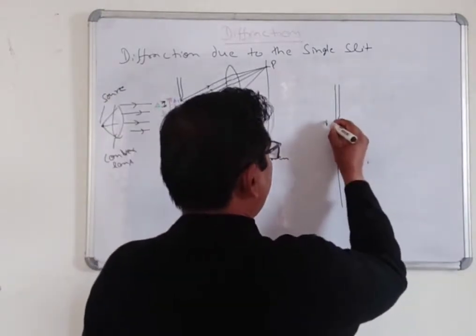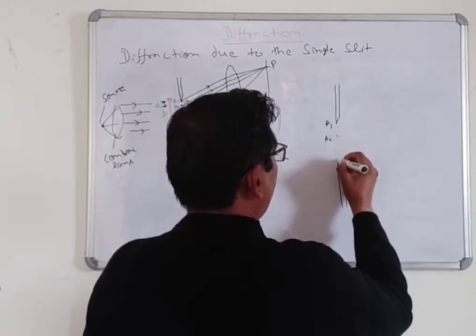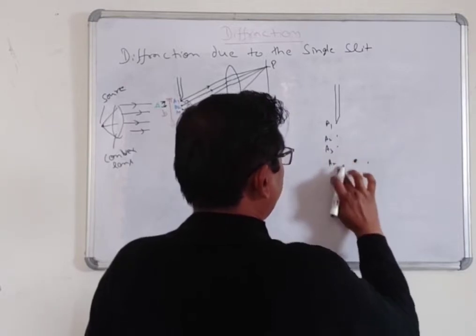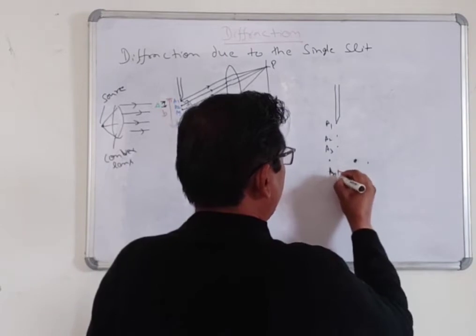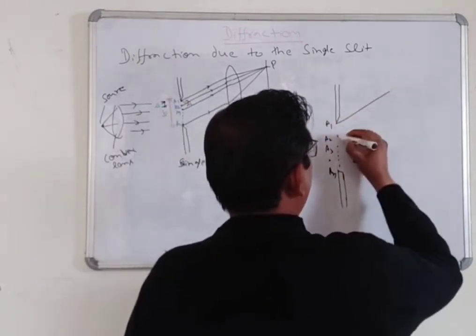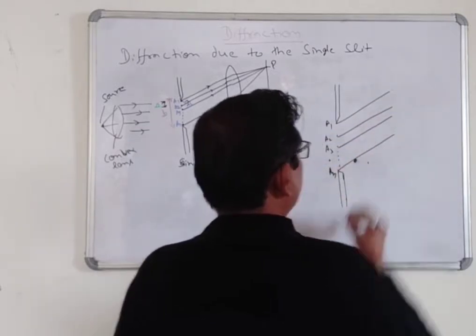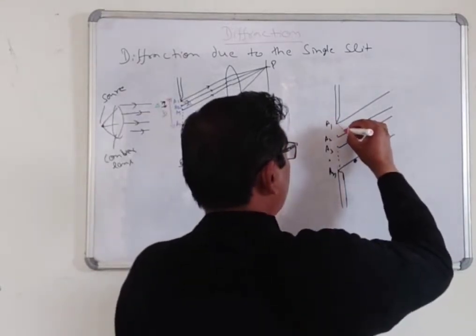Suppose this is A1, A2 up to A3 up to AN. Now all the waves are like that, here and here. Now suppose we draw a perpendicular like that.